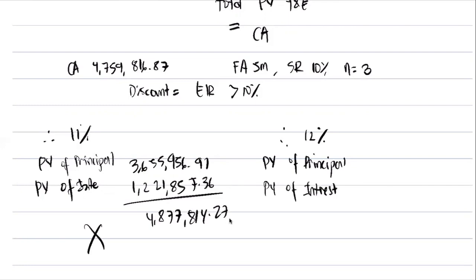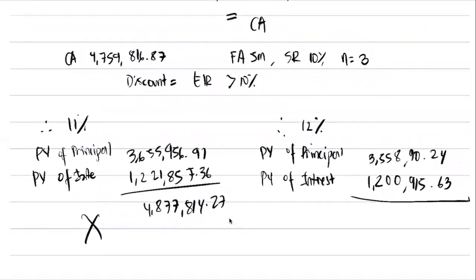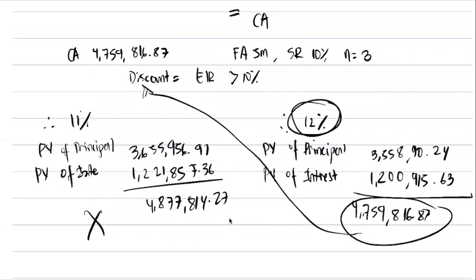PV of principal first using 12%, we get 3,558,901.24. PV of interest is 1,200,915.63, plus 3,558,901.24. Okay, so we will get 4,759,816.87. Therefore, our effective interest rate now is 12%.